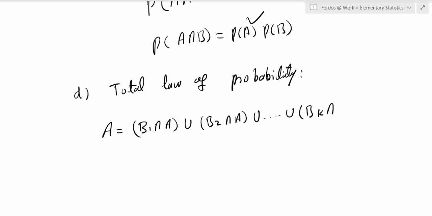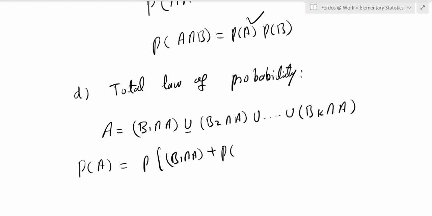Up to BK intersection A. Now if you apply the probability, then this is equal to the probability of B1 intersection A union, and so on up to BK intersection A. I will not convert this to plus yet, because the probability is outside, so I will do one more step.